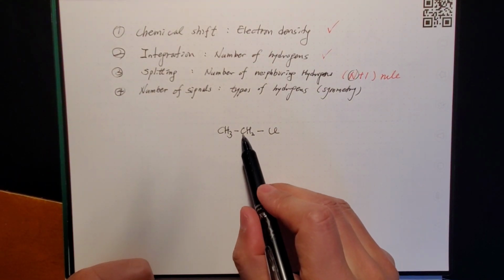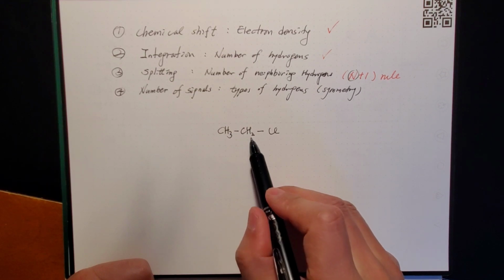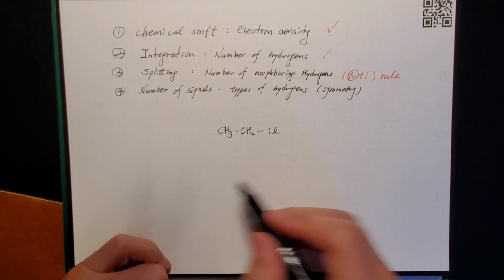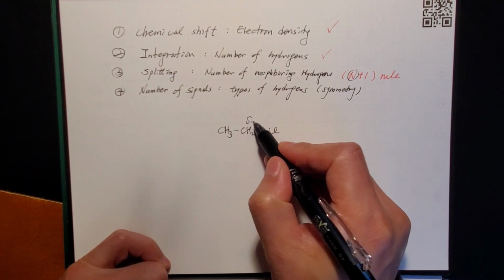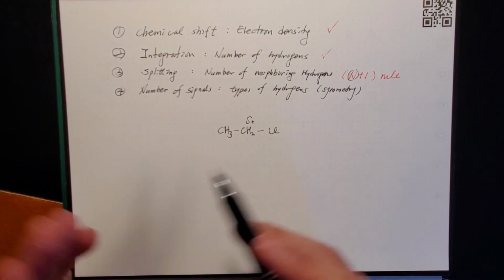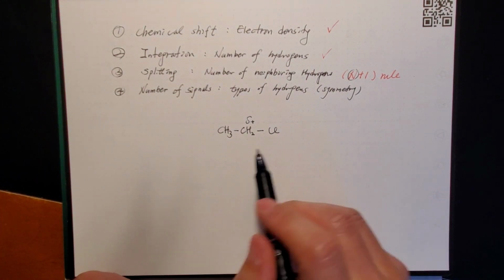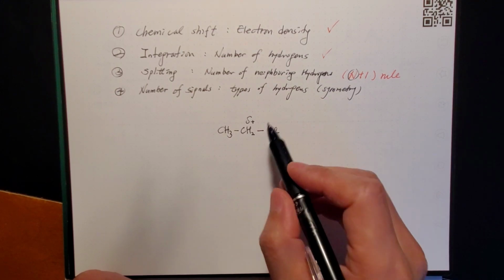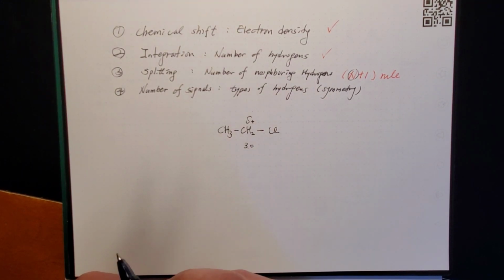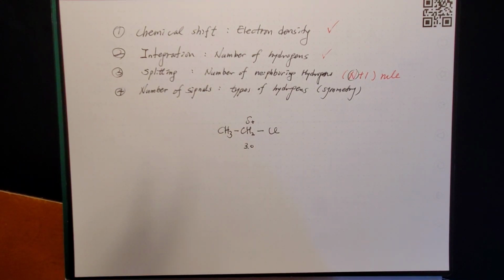You know that the alpha carbon has 2 hydrogens, and that's most deshielded. Therefore, it goes more downfield. And you remember that's around 3.0 ppm. The next one is the beta hydrogen.